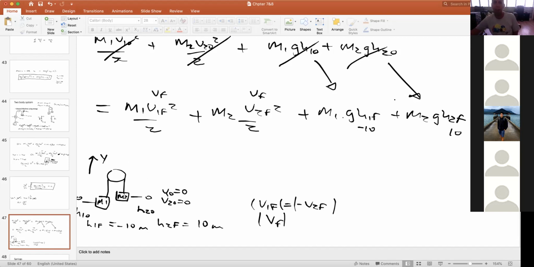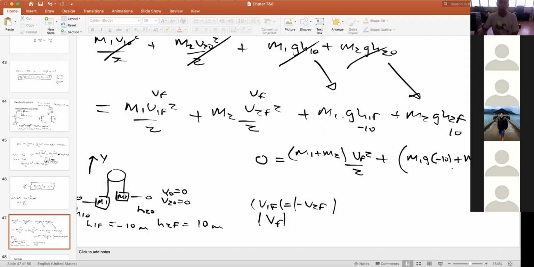So what I end up with here is 0 is equal to M1 plus M2 times V final squared over 2 plus M1G times negative 10 plus M2G times positive 10. And I can just pull the negative sign out, and this becomes M2 minus M1 times 10G, right?